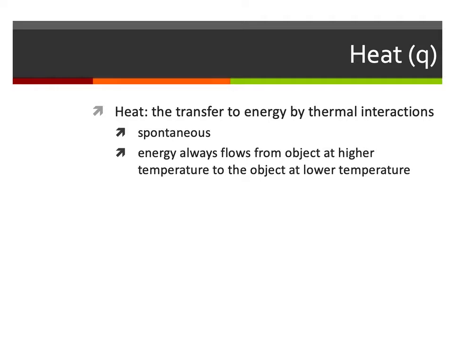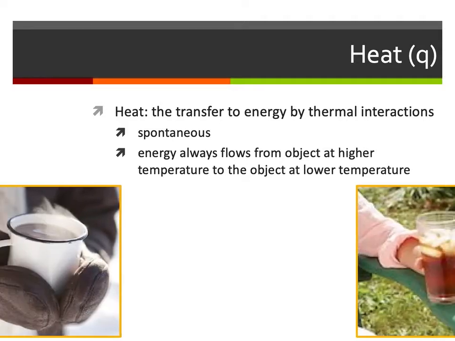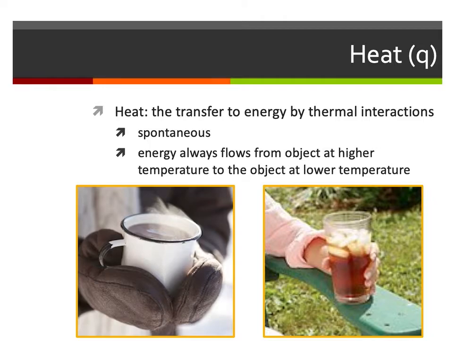Consider two drinks: a warm cup of hot chocolate and a cold glass of iced tea. When you hold a warm drink, your hands are at a lower temperature than the drink, so heat will move from the hot chocolate into your hands, simultaneously cooling the drink and heating your hands.